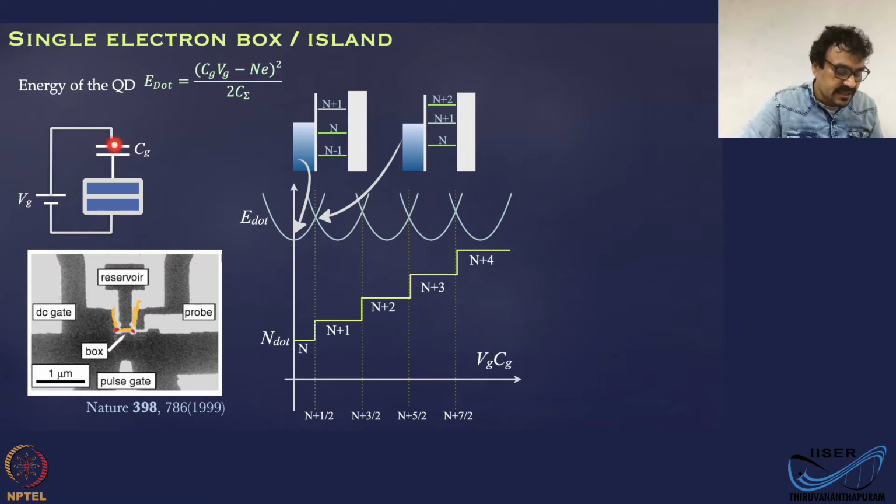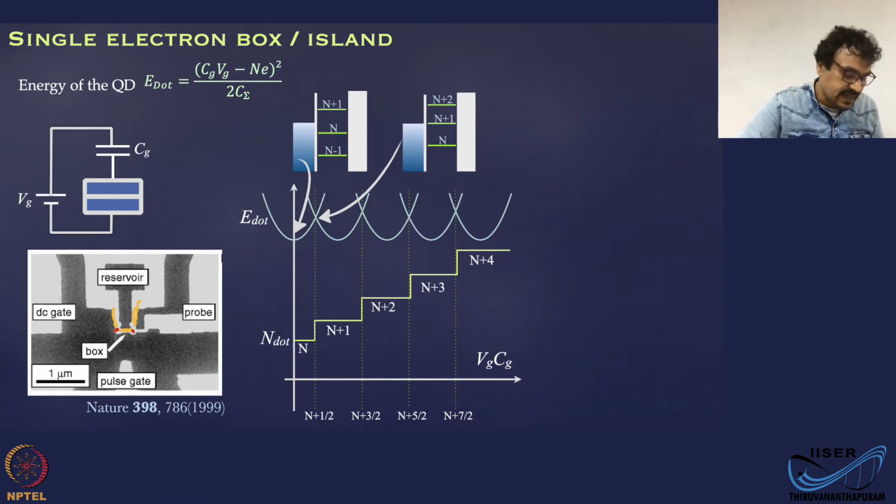But the charge that the gate is going to induce on this island is continuous, because that is an induced charge. N is the actual number of electrons on the island.